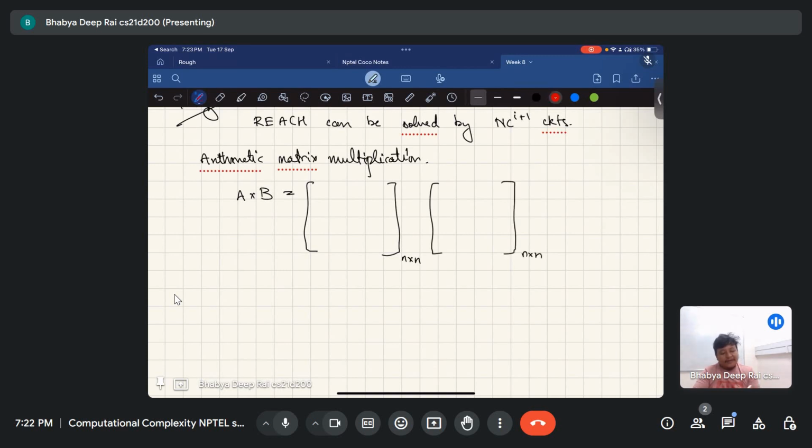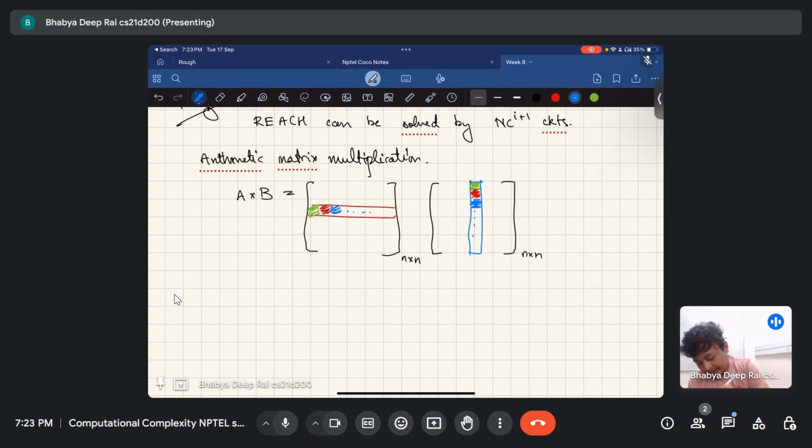You have this row multiplying with this column: the first entry here multiplies with the first entry there, the second with the second, the third with the third, and so on and so forth. And then you add them all up.